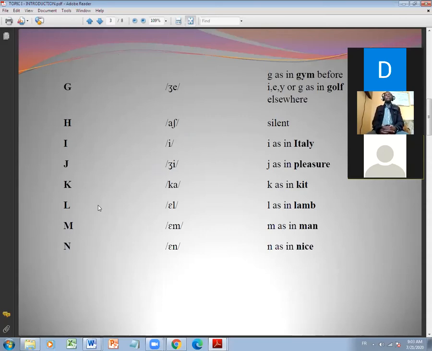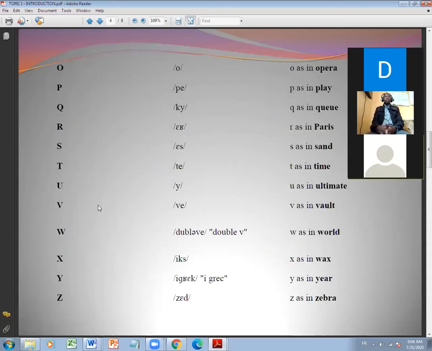I, E. E for ink. Okay? E for ink. Okay. E, G, J, K, L, M, N, O. O for orange.